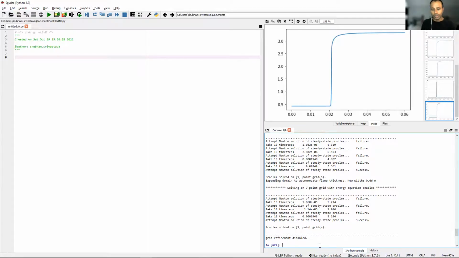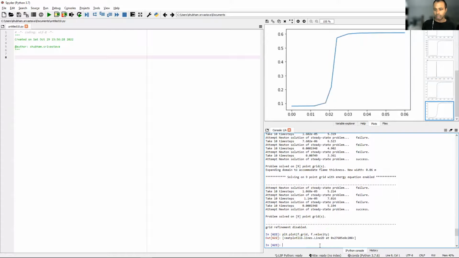And now if we go and check the velocity in the solution, and you say plot, again, let me use the up arrow so that I don't have to type the whole thing again. Now, if we say f.velocity, it is so discontinuous, or rather, it has so many corners and edges.